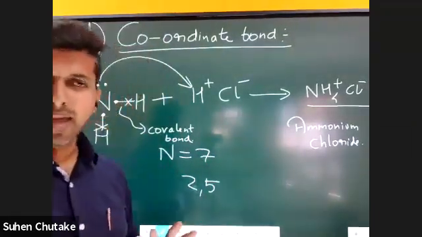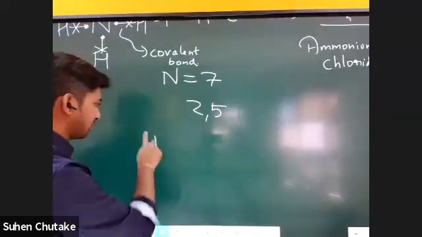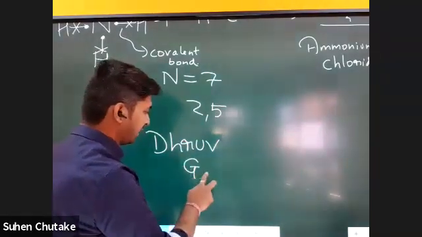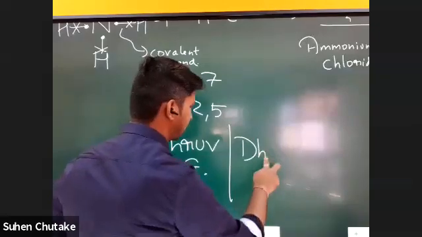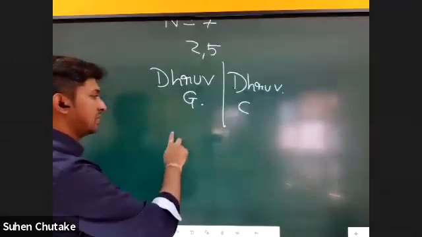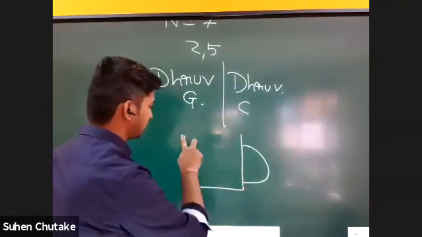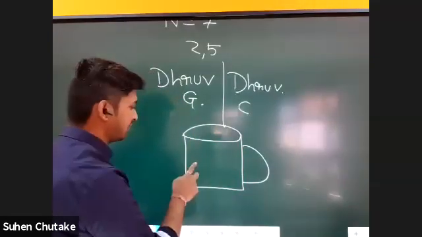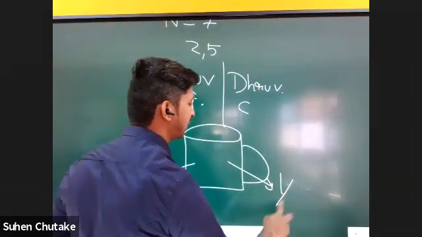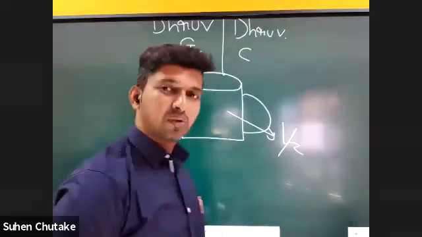Now, an example. Say for example we have two Dhruvs with us, Dhruv Gupta and Dhruv Chotalia. Dhruv G and Dhruv C both go to a coffee shop. They have one cup of coffee, shared half by Dhruv Gupta and half by Dhruv Chotalia.